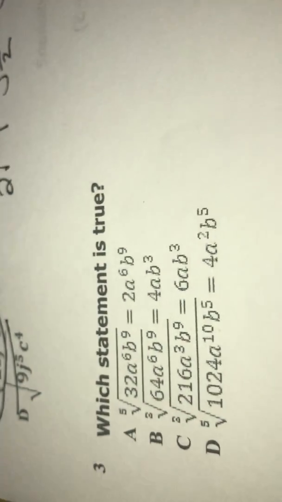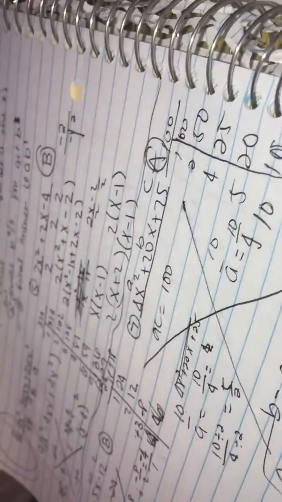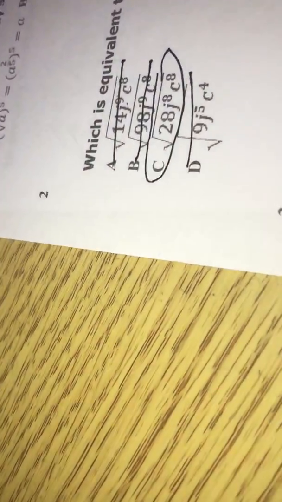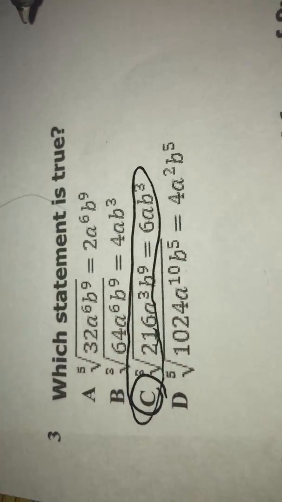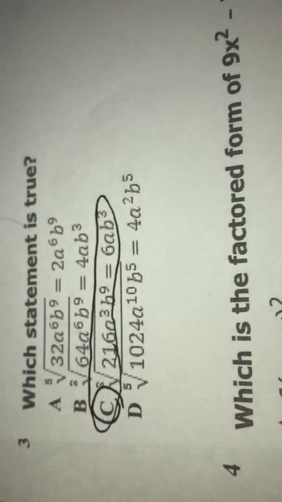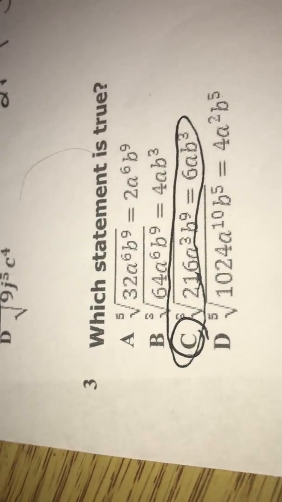So for number 3, which statement is true? Now we have to go through here and work these out. I already worked these out on a separate sheet of paper. It's over here, and I got my answer as C. Circle all of it, because step 1 would be to find the cube root of 216, and the cube root of 216 is 6.